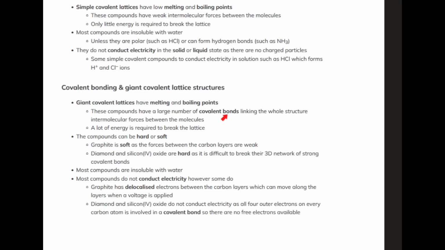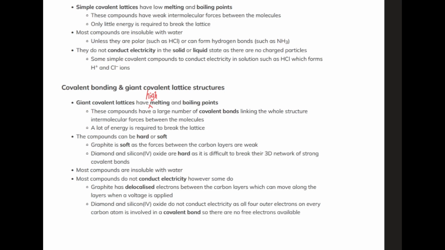If you want to melt it or boil it, you need to break the covalent bonds. A lot of energy is required to break them, so that's why it has a high melting and boiling point.